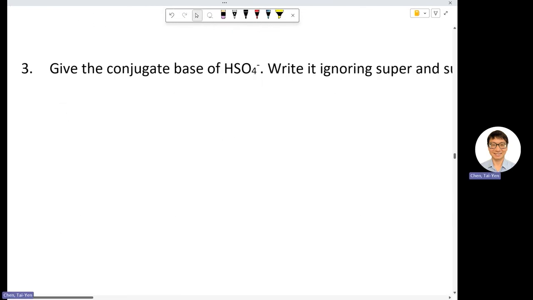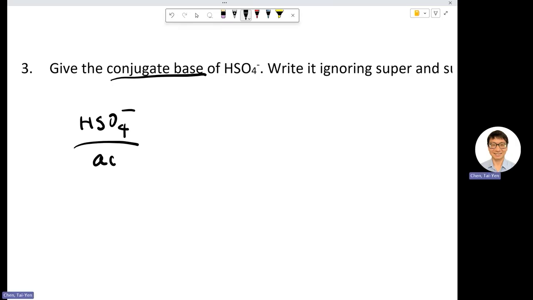Next one. Give the conjugate base of HSO4 minus. This sentence tells you HSO4 minus is the acid, and you want to figure out its conjugate base.